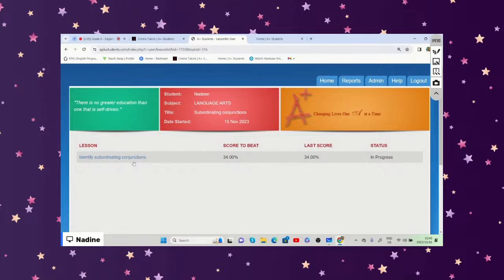The dependent clause basically depends on the independent clause in order to complete the sentence. However, we use the subordinating conjunction to introduce the dependent clause within the sentence.